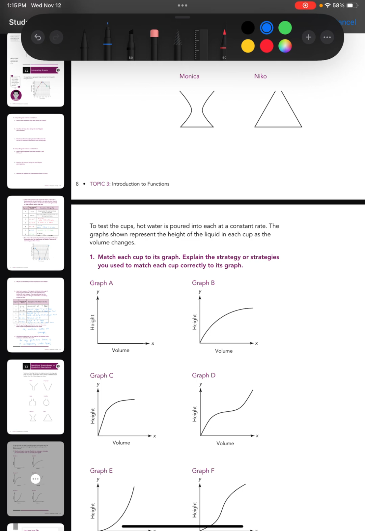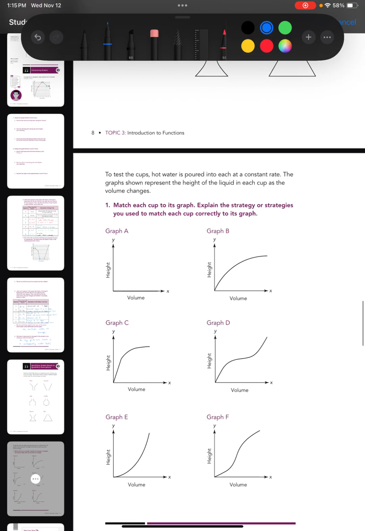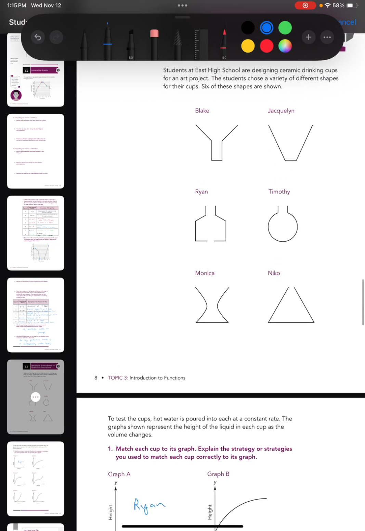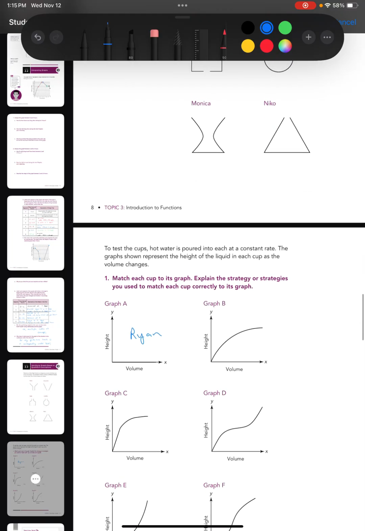So if we're going to match those to the cups, again, I encourage you to try to pause it, see if you can make that match, then unpause it to check your work. So going through these, hopefully you've done that now. Graph A is going to match to Ryan. Ryan's cup's got a hole in the bottom, so it's never going to fill. That's why there's no graph there.